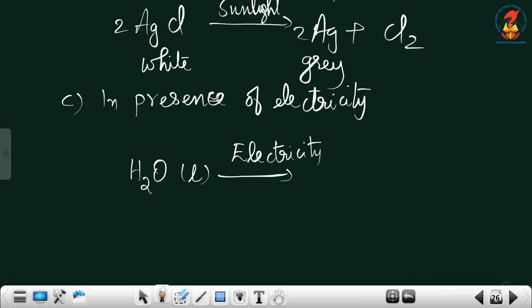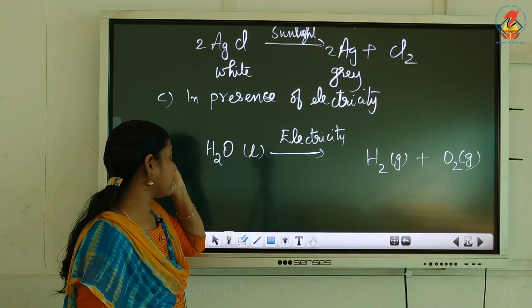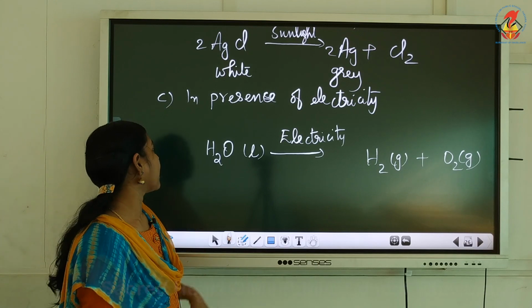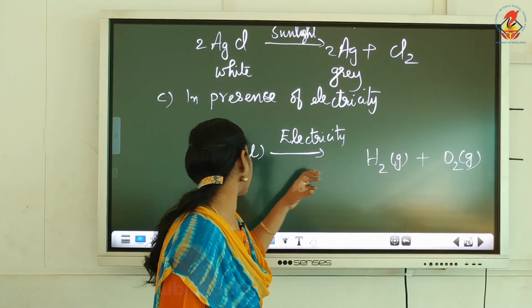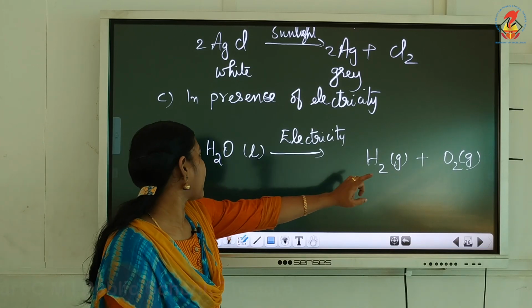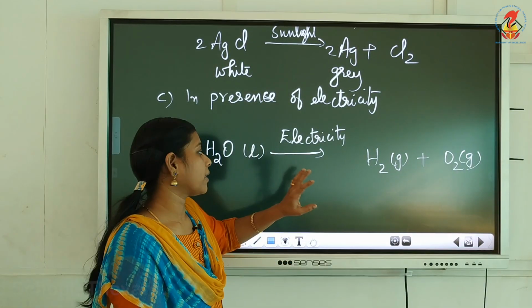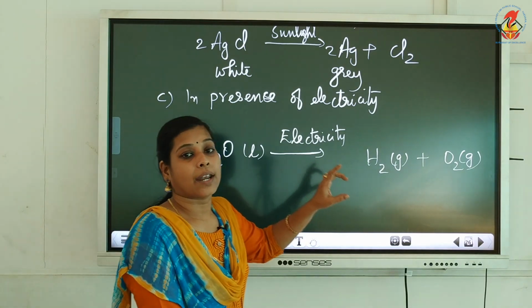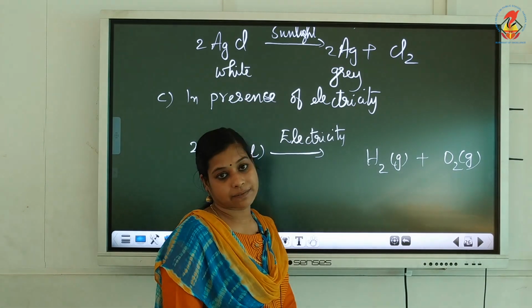water will be decomposed into hydrogen gas and oxygen gas. So water will be split into its components by passing electricity through it, and the volume of hydrogen gas collected will be double that of oxygen, because more hydrogen is there, and all this takes place in presence of electricity only.